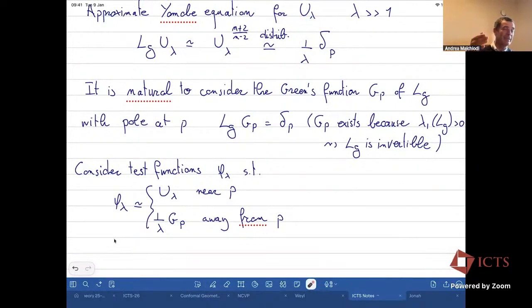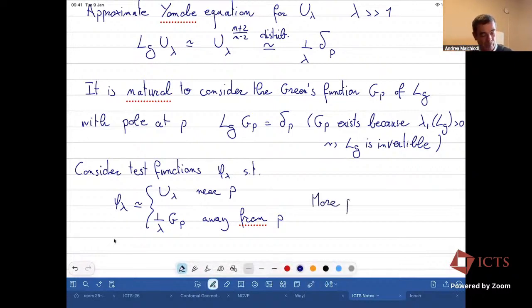So if you interpolate between the two, then you don't have such a strong effect as you would have from the cutoffs. So basically it is more precise than just a cutoff.